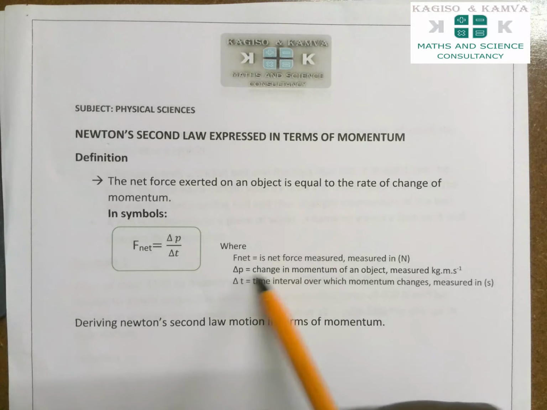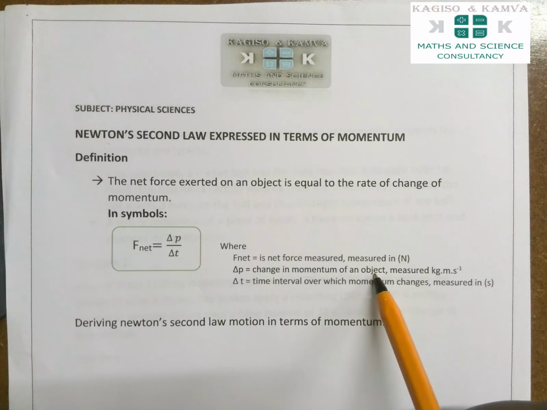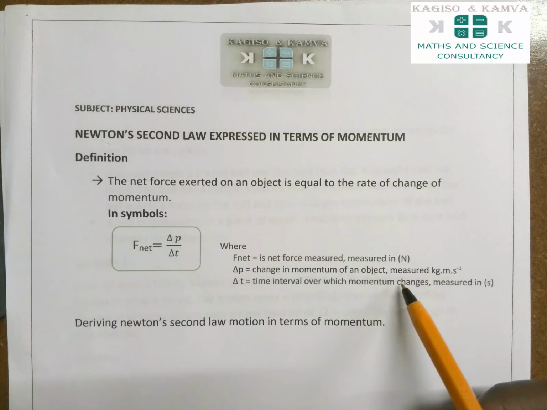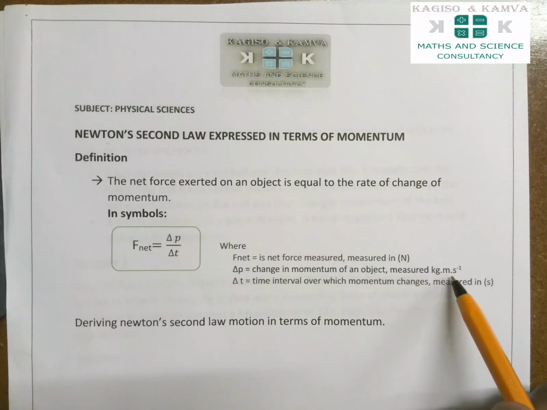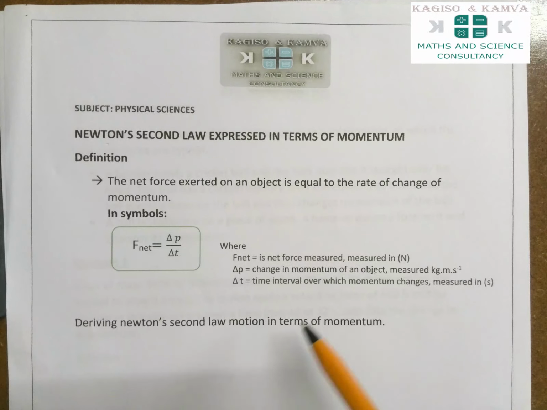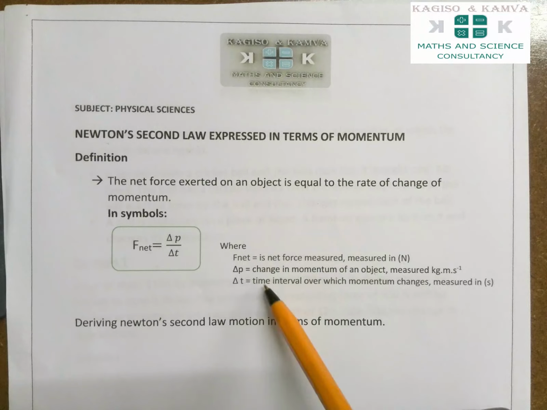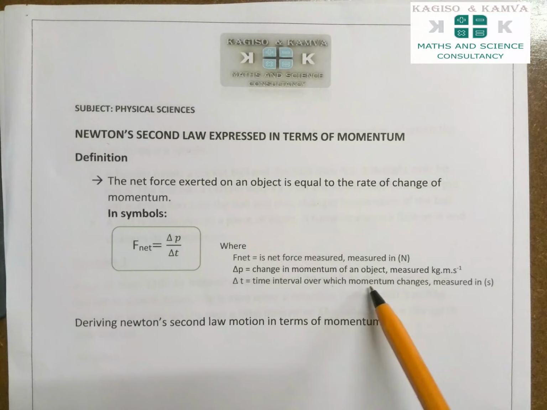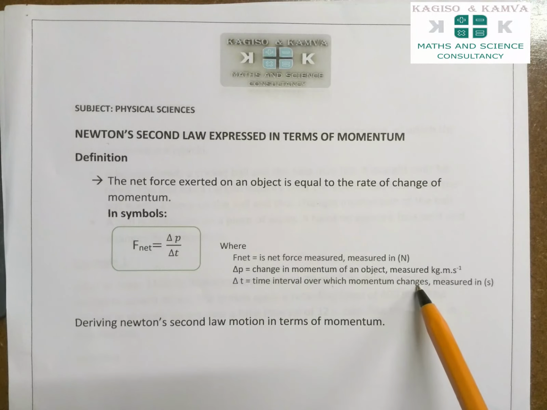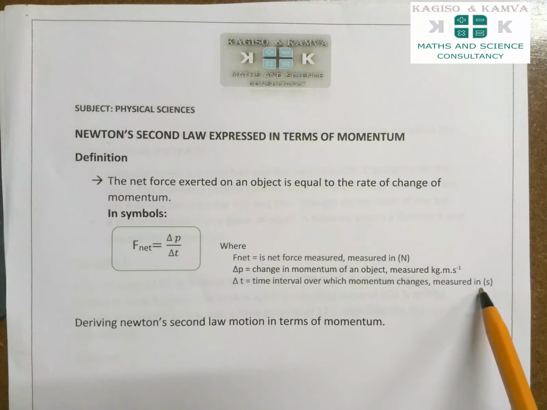The change in P is the change in momentum of an object, measured in kilograms meters per second, and the change in time is the time interval over which the momentum of an object changes, measured in seconds.